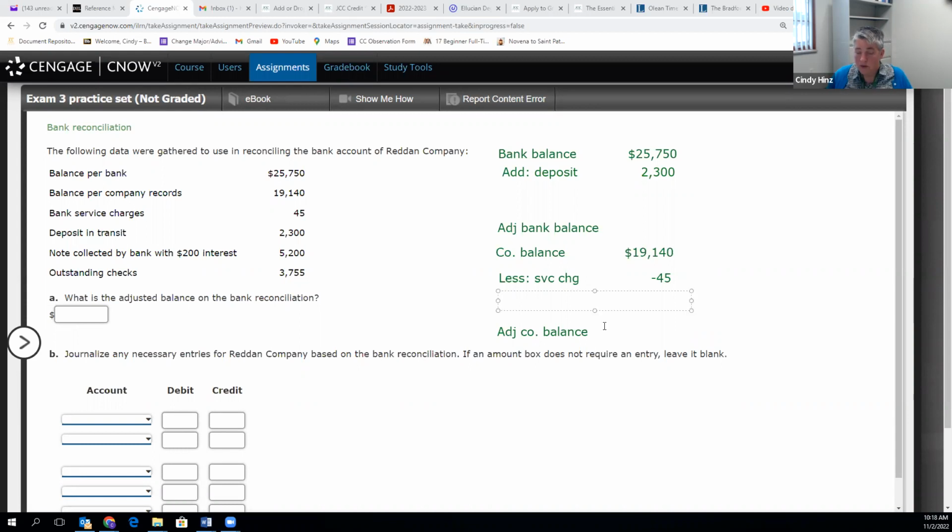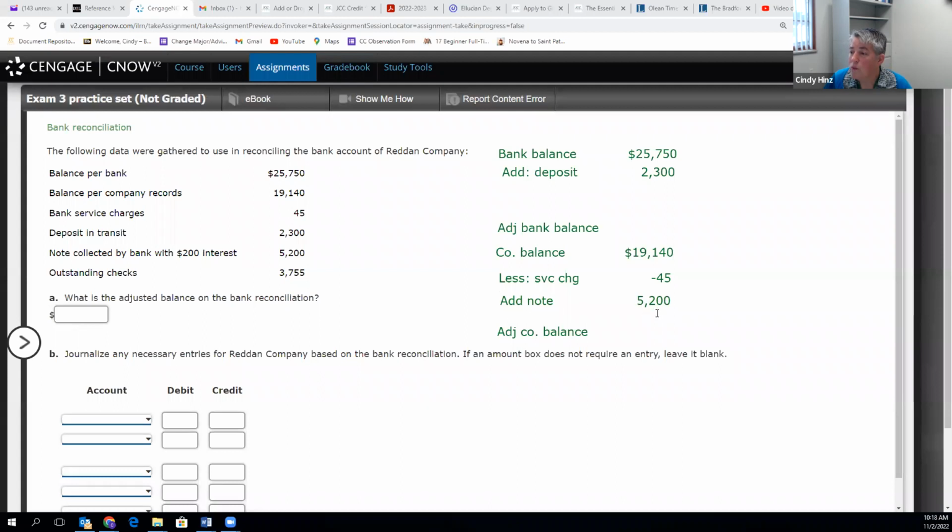Well, the bank also collected for us a note, and we talked just this week about notes payable, and in chapter 8 that's on this exam, we talked about notes receivable.